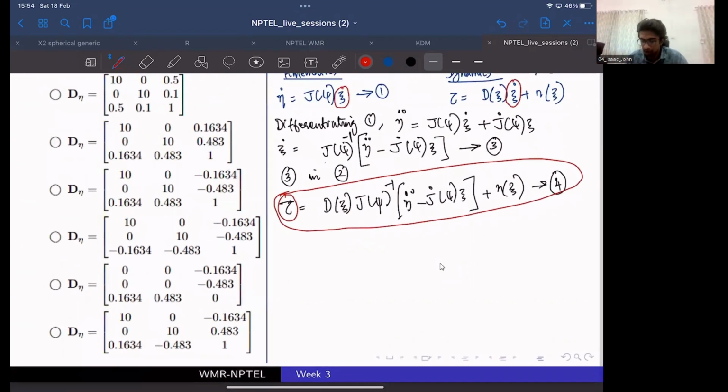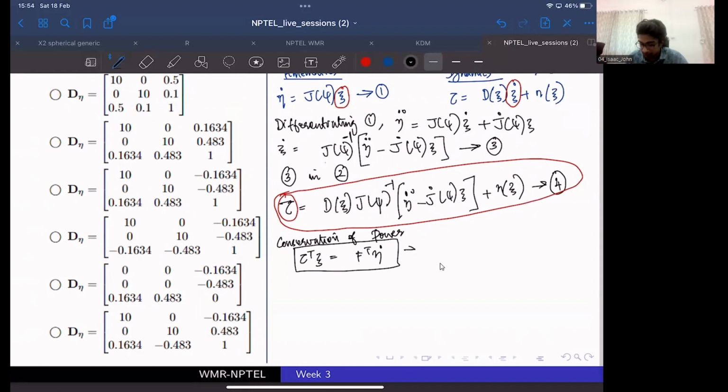So if you recall the conservation of power: tau transpose zeta would be F transpose eta dot.